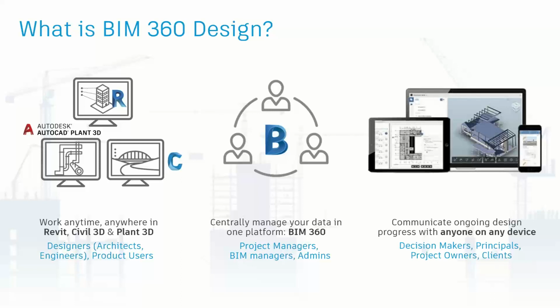And it is a great solution for decision makers and project owners, because they can go through an internet browser or a mobile app and review the model that the Revit users are working on and any other supporting project documentation, anytime and anywhere with a mobile device.